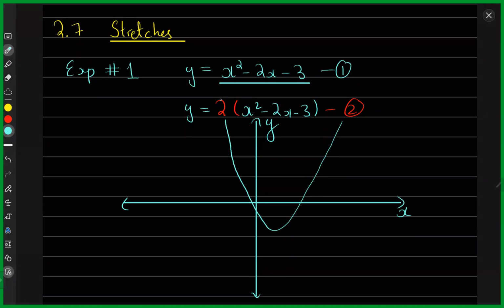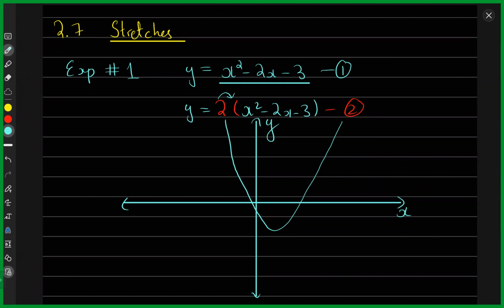After multiplying 2 with this thing, what would happen to the graph? The graph is going to stretch. Now imagine that you are going to hold this graph and you will just pull it downwards. You will just stretch it downwards vertically because this 2 was multiplied with the function. So there would be a vertical stretch.